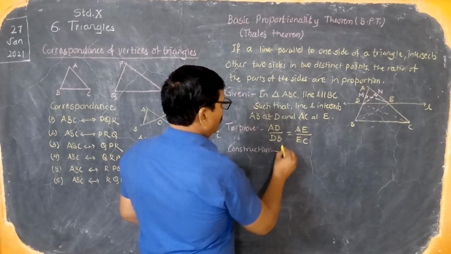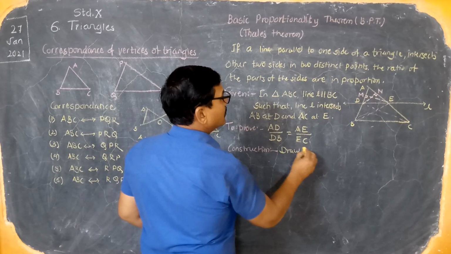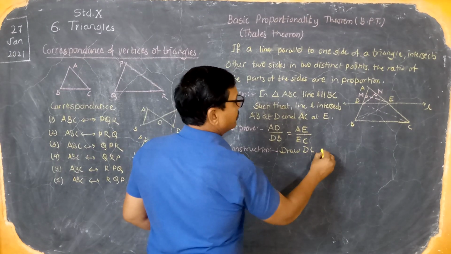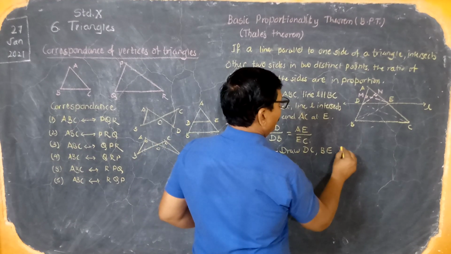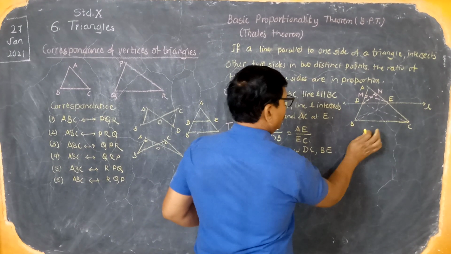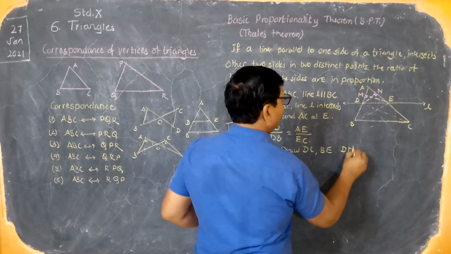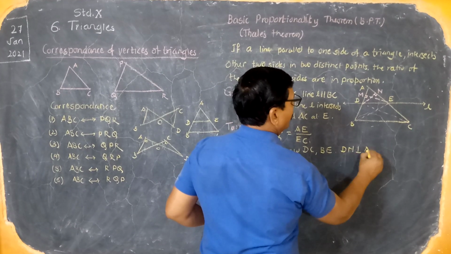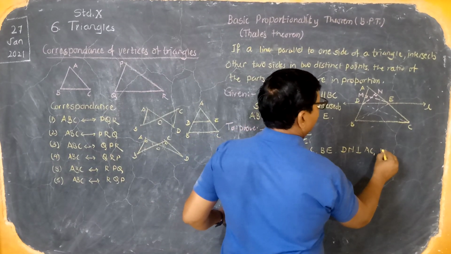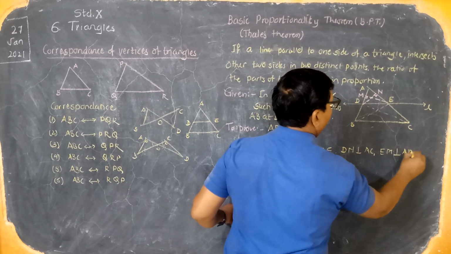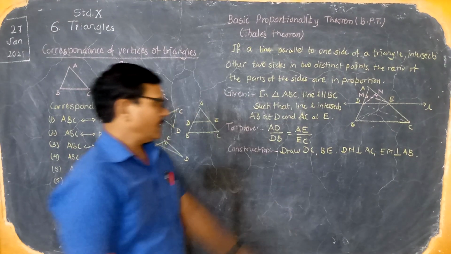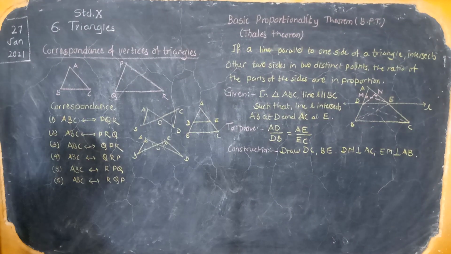Then draw BC, BE, then EM perpendicular to AB, DN perpendicular to AC.